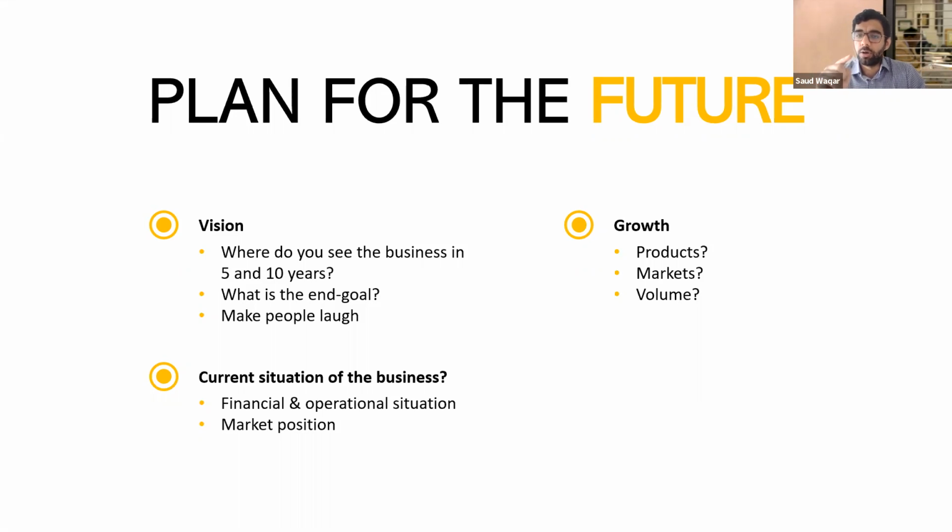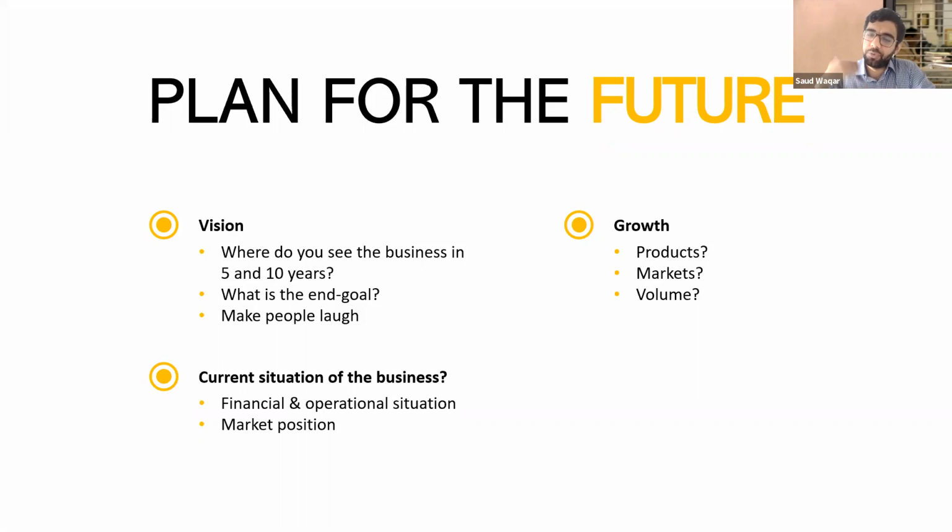Second thing, markets. By this, I mean going international, going global, or going into different regions. Each region has different criteria, different desires, needs, and wants. So you have to see if your business matches those markets. Thirdly, would be volume. If you're not interested in increasing your product offering or going global, you can increase the volume, the quantity of products and services you produce.